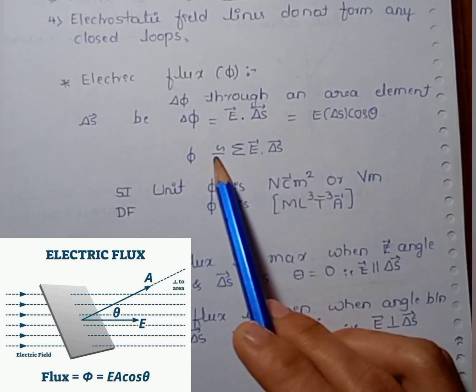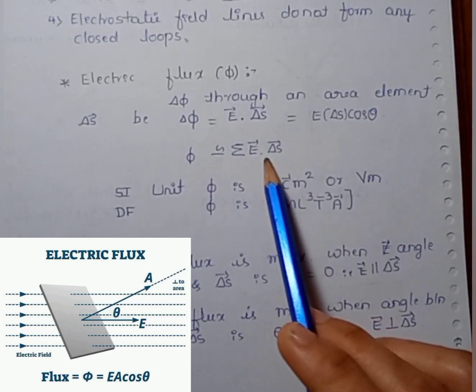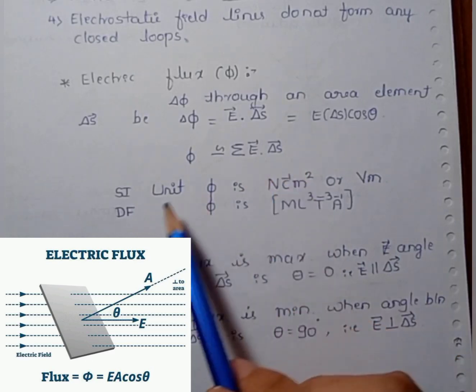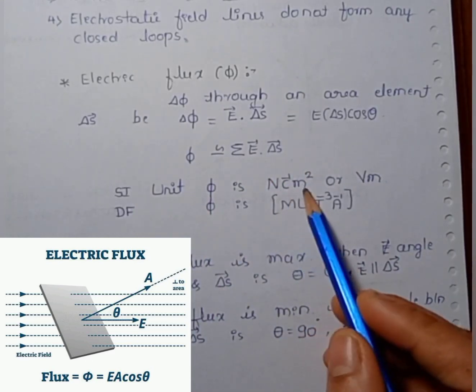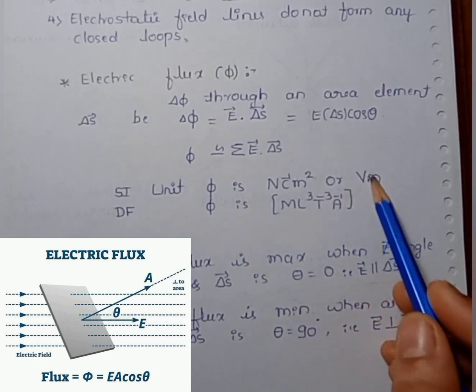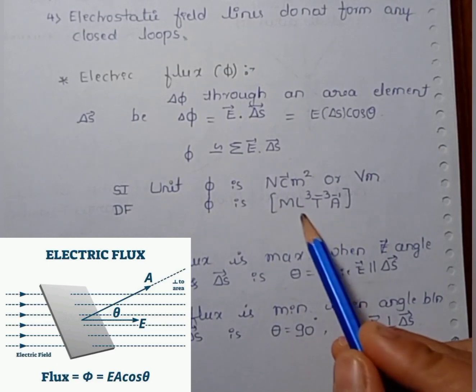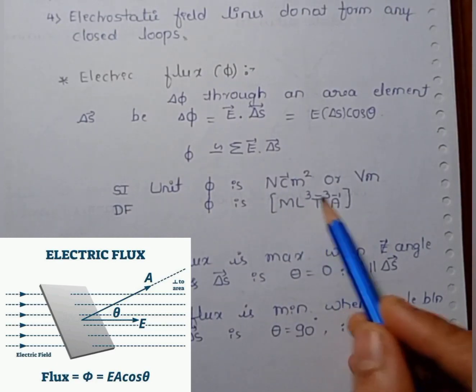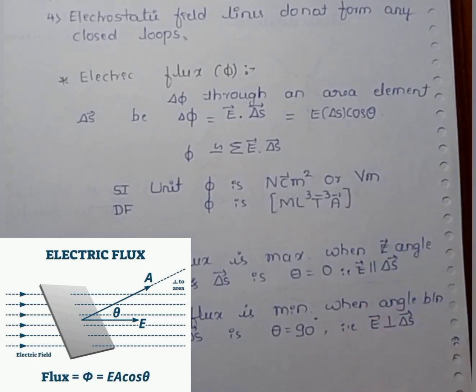And here phi is nearly equal to summation of E into delta S. SI unit of flux can be written as Newton per Coulomb meter square or volt meter. Dimensional formula for electric flux can be written as M L cube T minus 3 A minus 1.